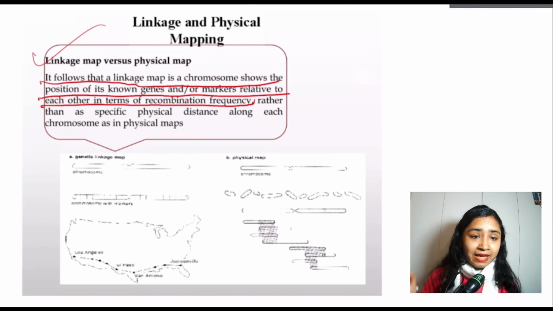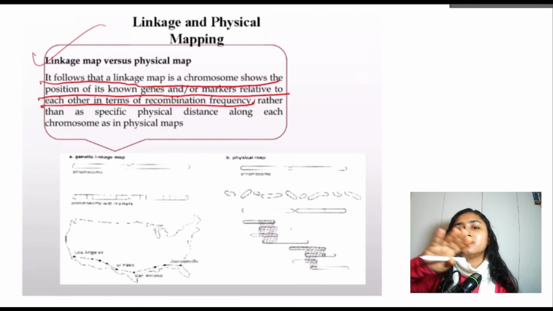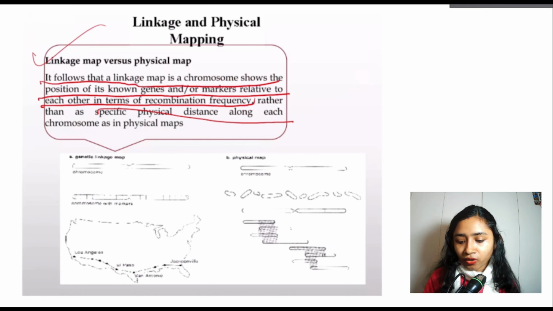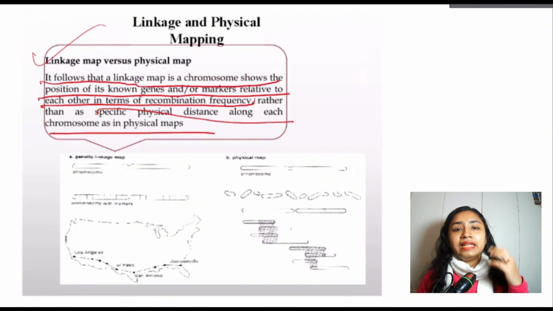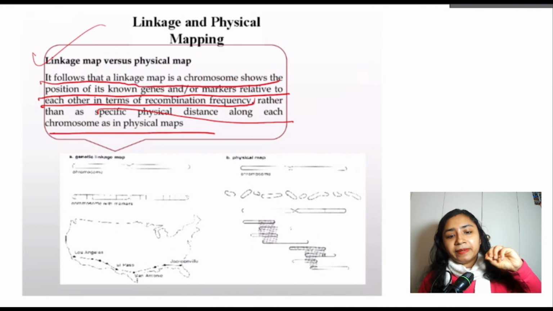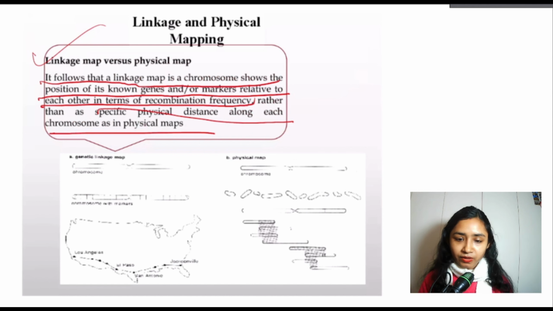Physical mapping gives a specific physical distance along each chromosome. A linkage map depends on recombination frequency, and a physical map depends on the actual physical distance between two genes.